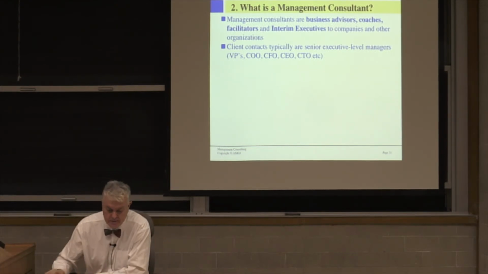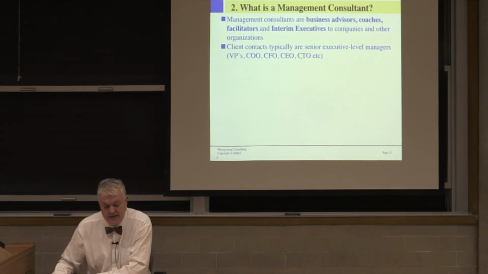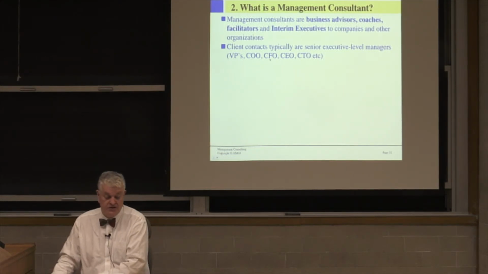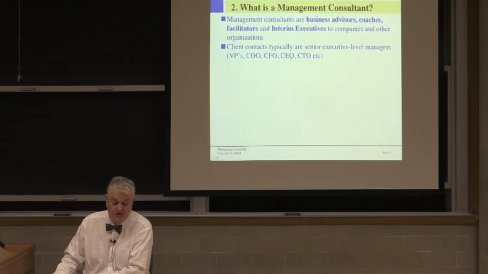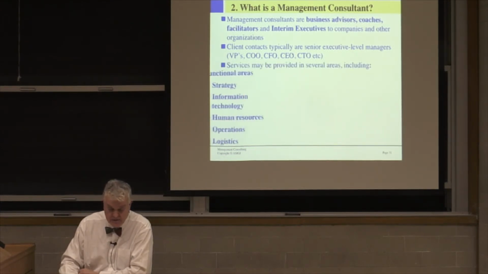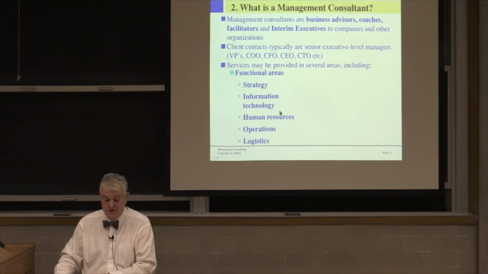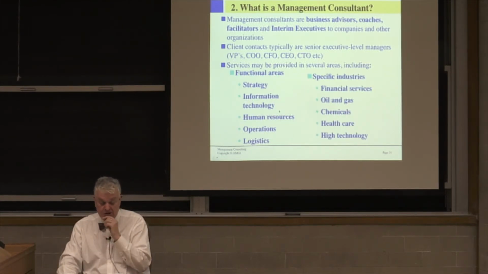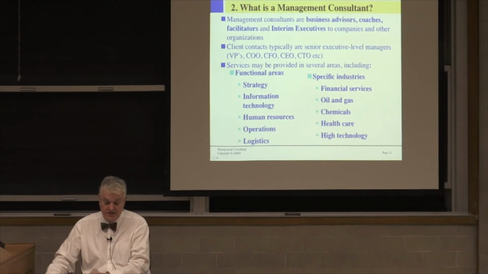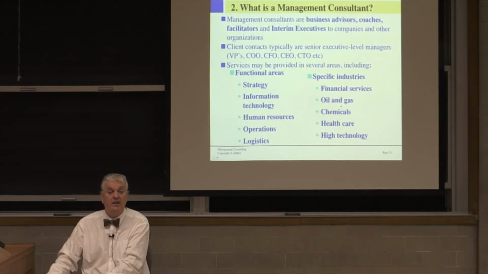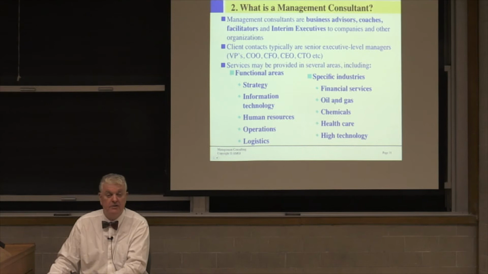So client contacts, typically at the senior level: chief operating officer, chief financial officer, chief technology officer, chief executive officer, or vice presidents of divisions. So these are the kind of functional services. We'll go into all that in Mod 3, or Mod 2, and specific industry sectors. I have a friend, a colleague, I maybe get him in to do a video.